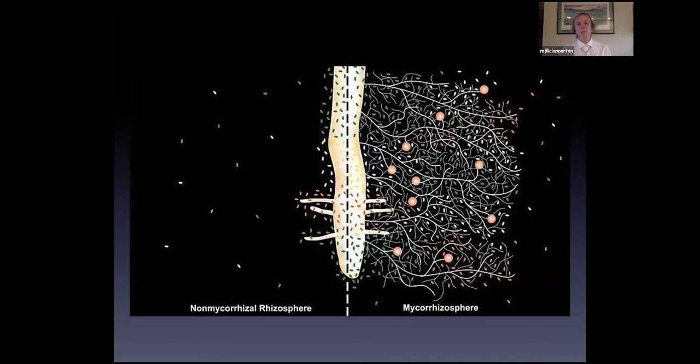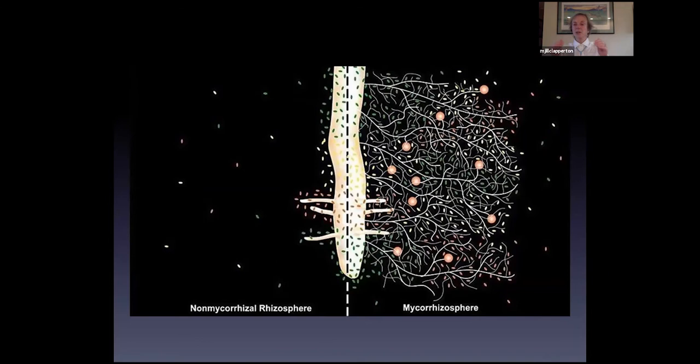When mycorrhizal fungi colonize a root, they form what's called a mycorrhizosphere. All the hyphae, these silk threads that move into the soil, bind more soil because of the glomalin exuded from them, this glue. So they create more soil structure themselves, but they really change the physiology of the plant.